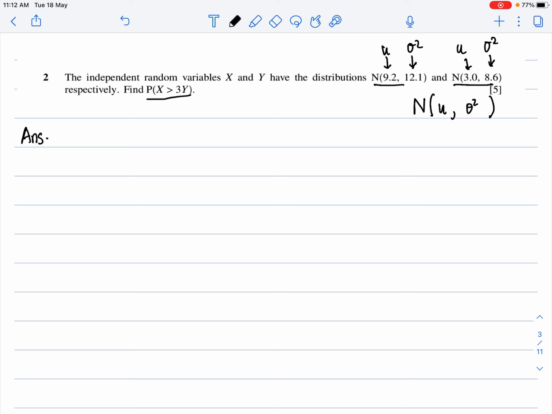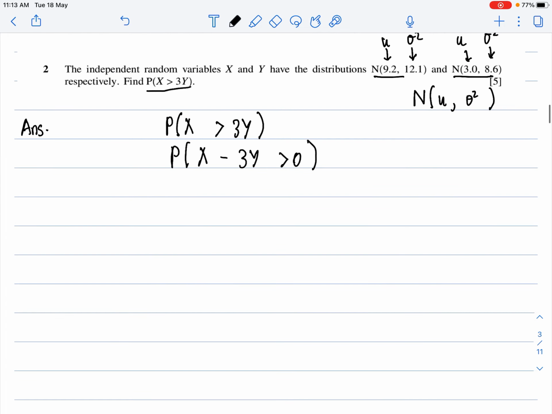Okay, so now we need to calculate the probability of x which is more than 3y. Now I can write this as P of x minus 3y which is more than 0. Correct? So now we need to calculate this probability which obviously follows a normal distribution. So we need the mean. The mean is basically the E of x minus 3y.